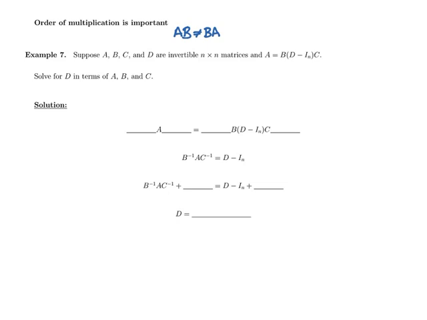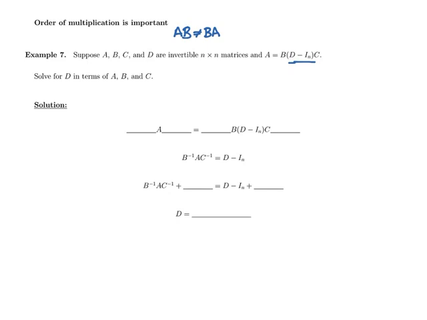That means that A inverse, B inverse, C inverse, and D inverse exist. And we have this expression A equals B times (D minus I) times C. We're going to solve for D in terms of A, B, and C. This is some practice dealing with the algebra associated with the inverses of matrices.